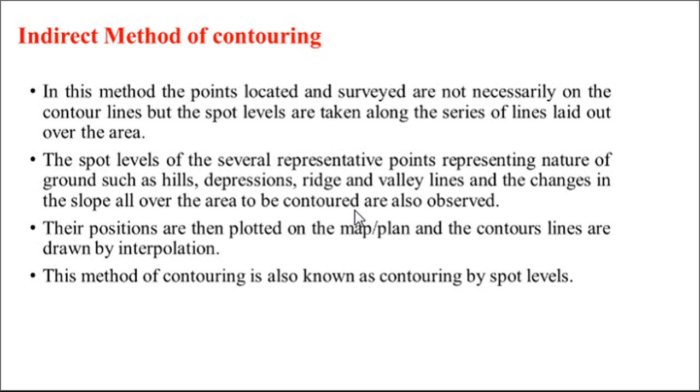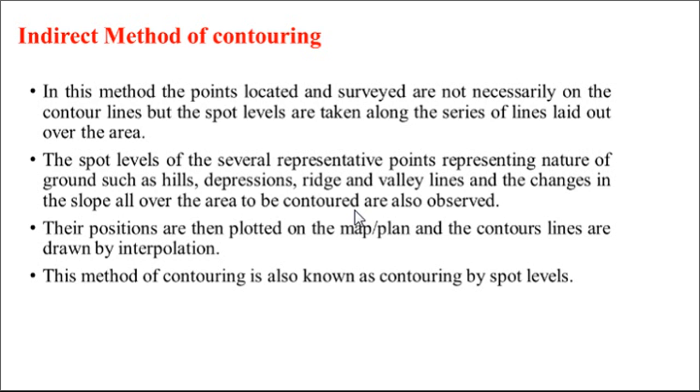The spot levels of the several representative points representing the nature of the ground, such as hills, depressions, ridge and valley lines, and the changes in the slope all over the area to be contoured are also observed. Then the positions of these points on the map or plan are plotted and the contour lines are drawn by interpolation techniques. This method of contouring is also known as contouring by spot levels.